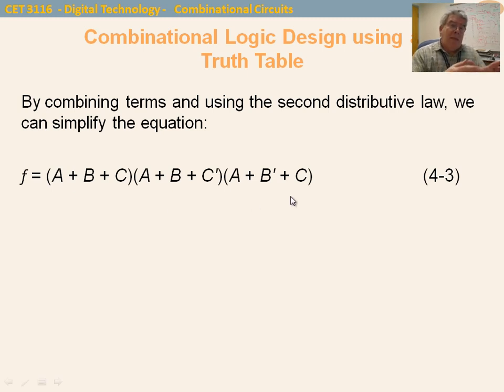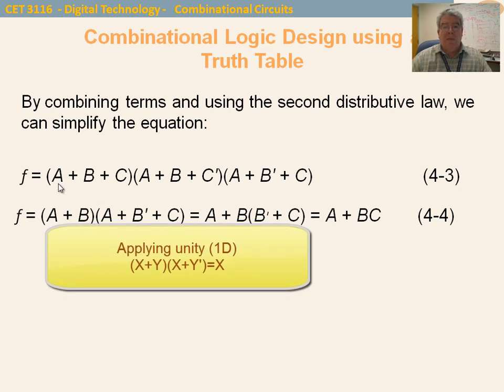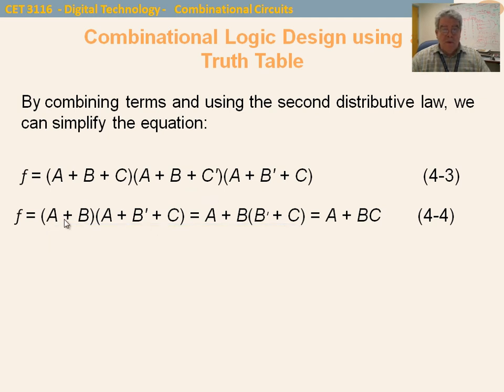Sometimes you find that the best way to simplify is taking the form of product of sums. We apply some of the theorems here, and then we can reach a simplification, right? In this case, if you see, we have the term A or B, which is going to be common, and you know how to apply these theorems. Pretty much we arrive at the same expression as we had before.